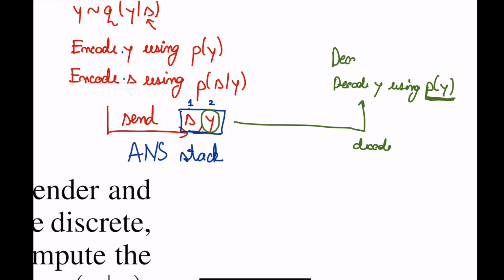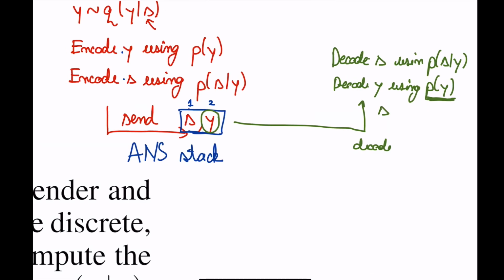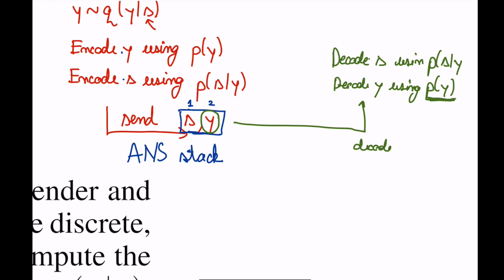And now because we have that, we can decode S using P of S given Y. If we were trying to firstly decode S using this distribution, it would not have worked because we didn't already know the Y. We needed to decode Y first in order to make this conditional distribution. So that's why we send them in the reverse order.